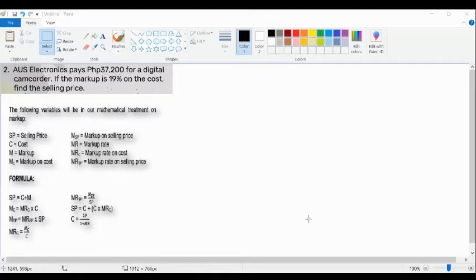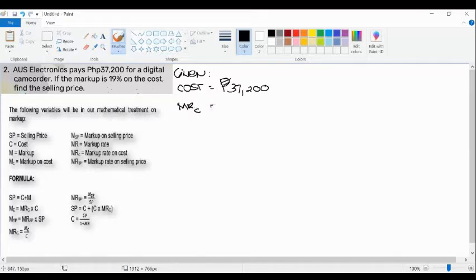Example number two, a US Electronics pays 37,200 pesos for a digital cam recorder. If the markup is 19% on the cost, find the selling price. So we have the following given. We have the cost of 37,200 pesos. That is the cost of your digital cam recorder. We also have the markup rate on the cost.